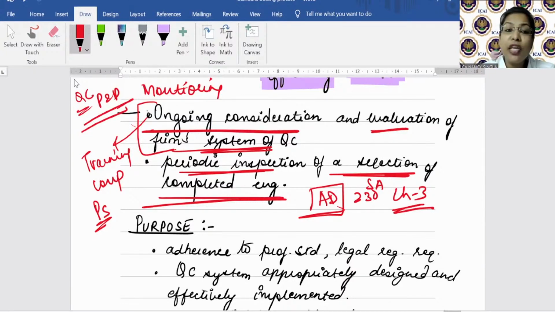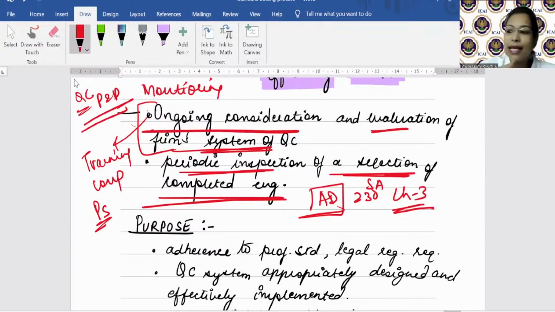And secondly, periodic inspection of selection of completed engagement, जो engagement audit review assurance जो पहले कंप्लीट हो चुके हैं उनका कुछ डॉक्यूमेंटेशन, कुछ फाइल्स सॉफ्ट कॉपी या हार्ड कॉपी होगा. Select them, few of such completed engagement, select them और उसको इंस्पेक्ट करो. इंस्पेक्ट का क्या मतलब है? आप उन डॉक्यूमेंटेशन को देखो कि वो जो तब हुआ था ठीक से हुआ था.